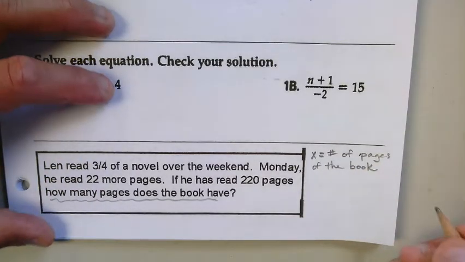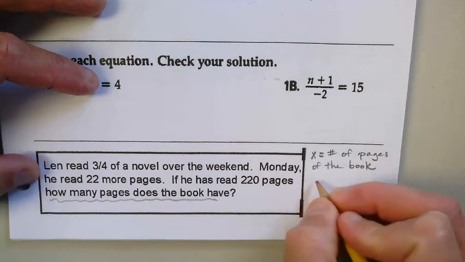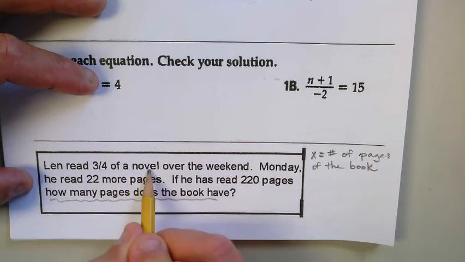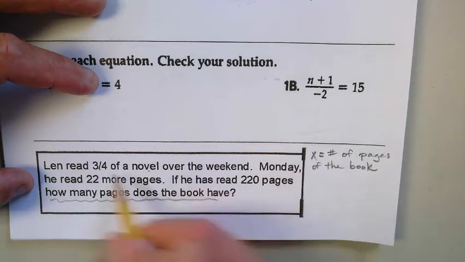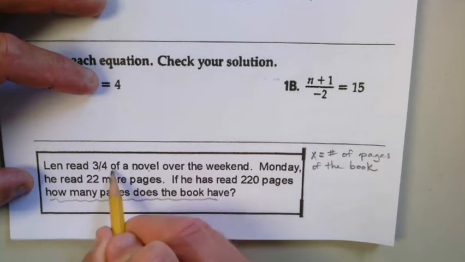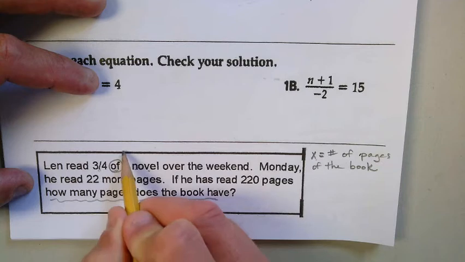Okay? So from here, 3/4 of the novel. Well, the number of pages is x, so I'm going to say 3/4 of x. Now, remember, "of" means to multiply.